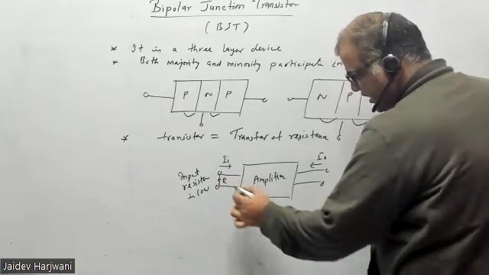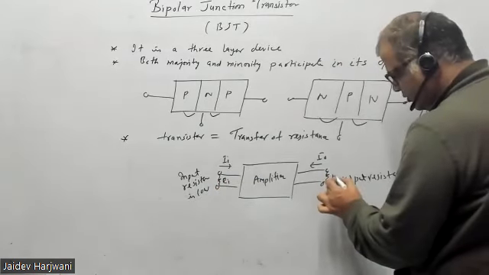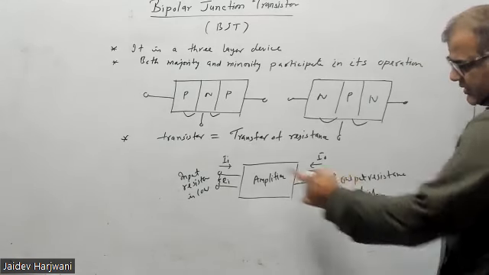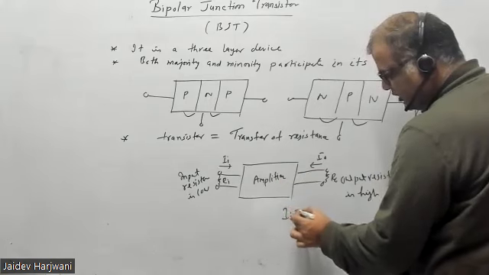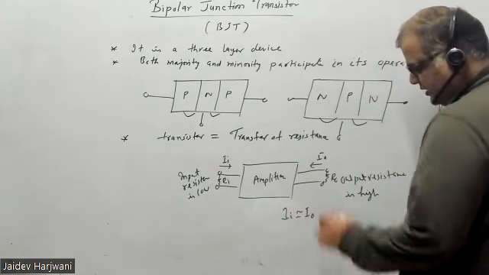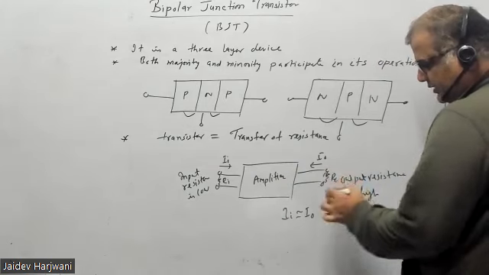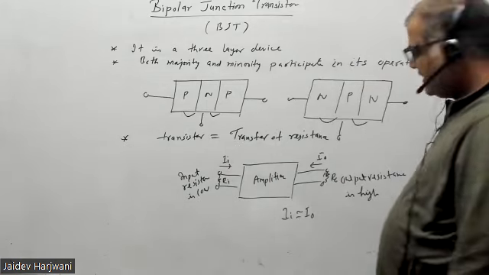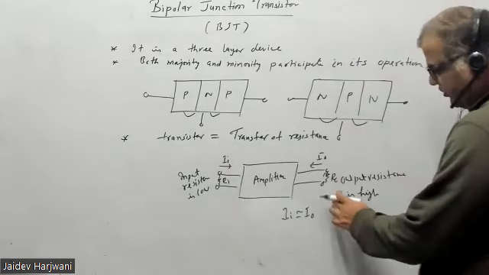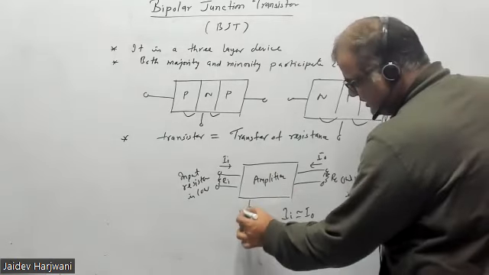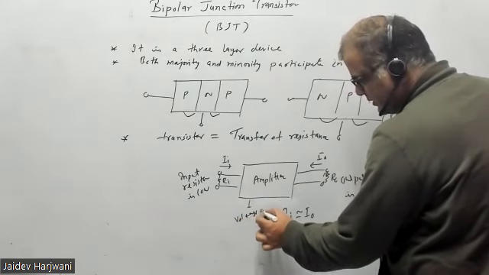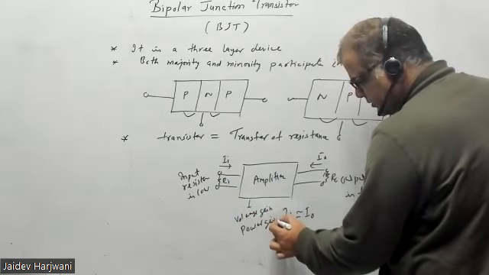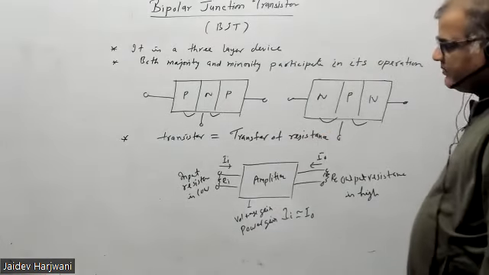Say this is the input resistance Ri, and this is Ro, the output resistance. Output resistance is high, so input current is almost equal to output current. But here the output voltage is very high compared to the input voltage, because the resistance is very high. So here we have a voltage gain. Amplifier means it will give you voltage gain, and it will also give you power gain. So this is the basic thing.